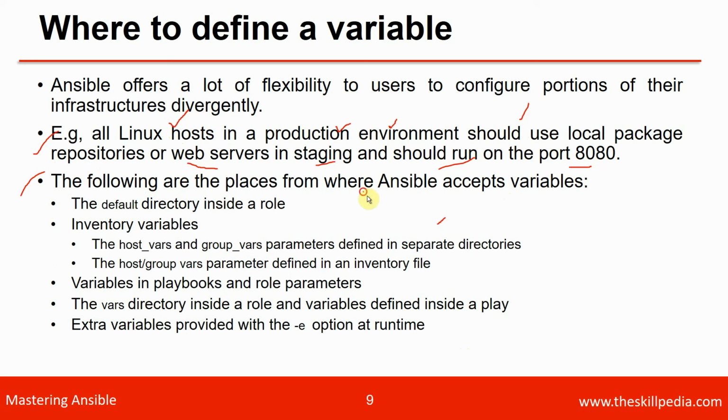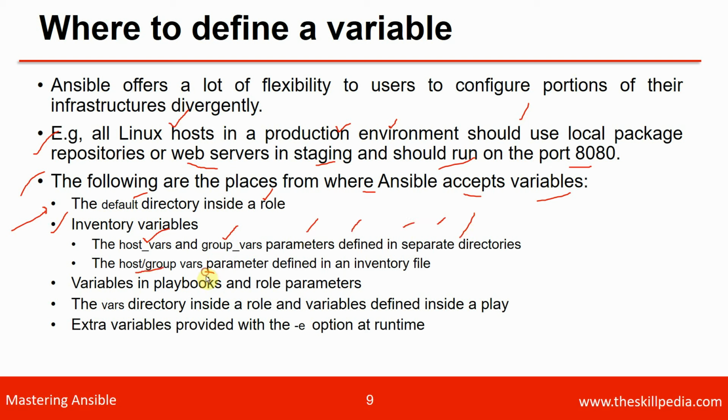These are the places from where Ansible can accept variables. You can define variables in the defaults directory inside a role. Inventory variables like host vars and group vars, these are parameters which we define in the inventory if you recollect, and in separate directories.